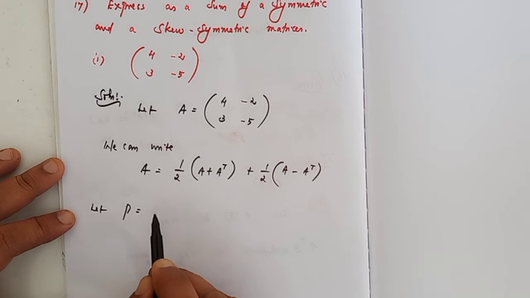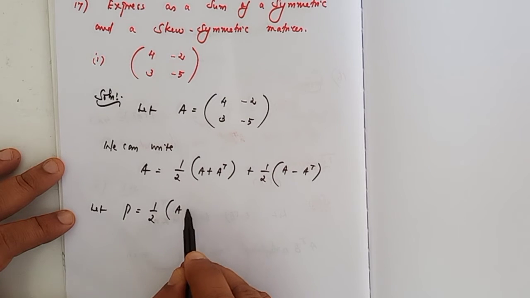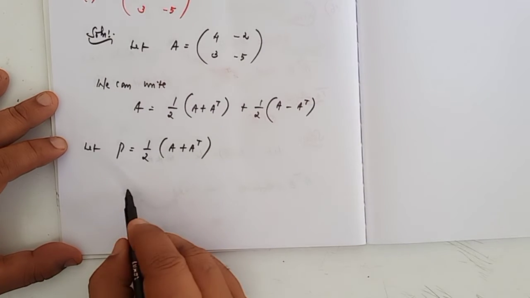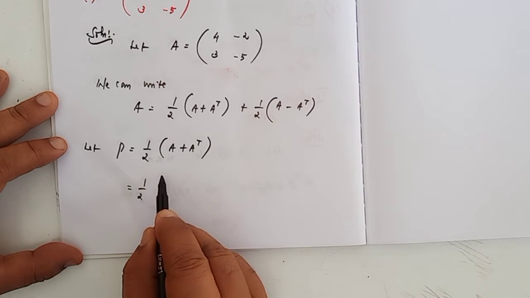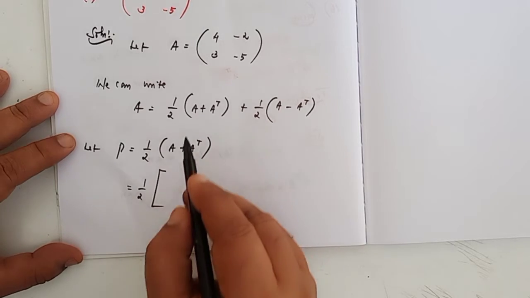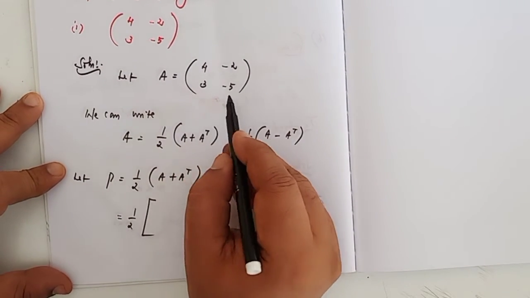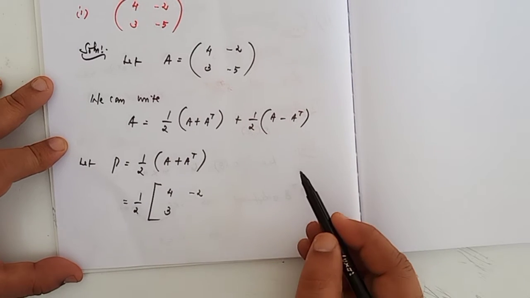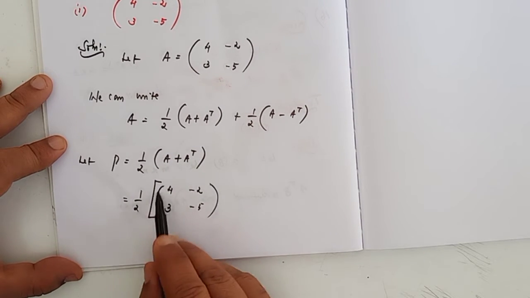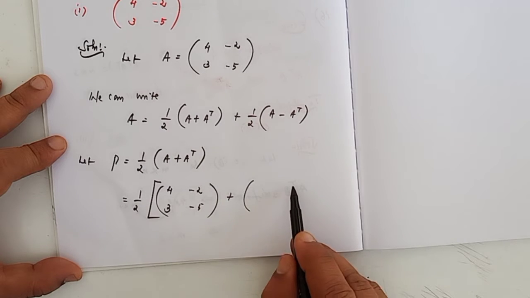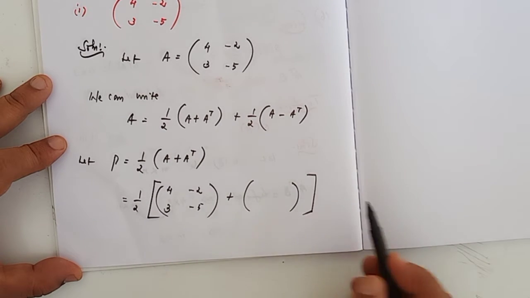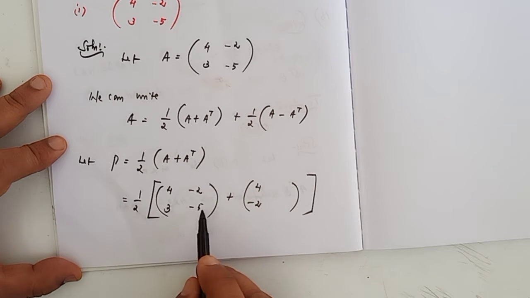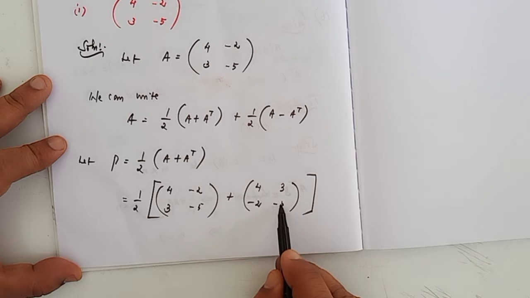Let P be equal to half of (A plus A transpose), that is equal to half into A matrix, here it is [4, -2; 3, -5], plus A transpose. You can directly write the first row in first column, second row in second column.